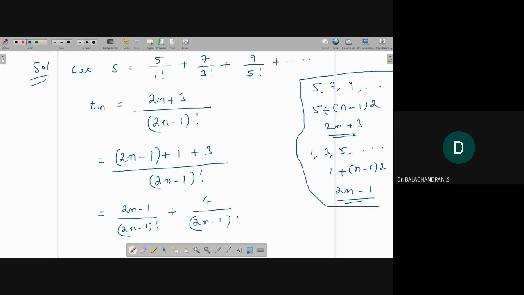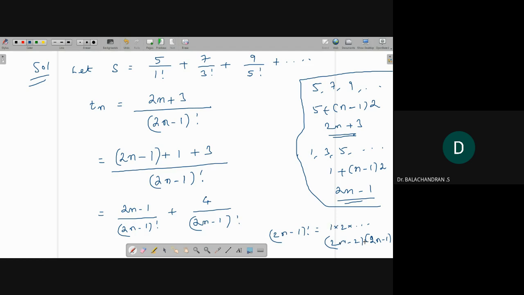Okay, so now your Tn is equal to, 2n minus 1 factorial, how to write it? It is 1 into 2 into 3 into up to 2n minus 2 into 2n minus 1. So if you cancel 2n minus 1 in the numerator and denominator, remaining 1 to 2n minus 2.